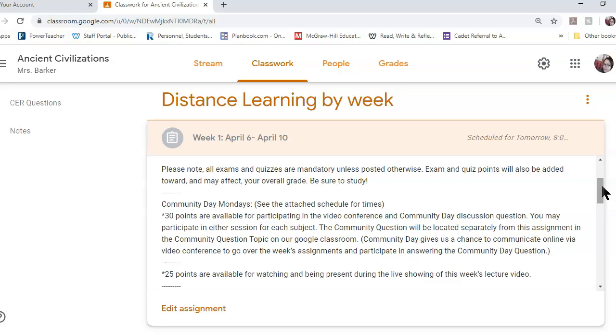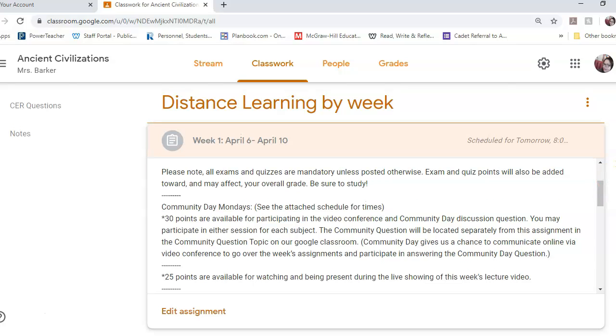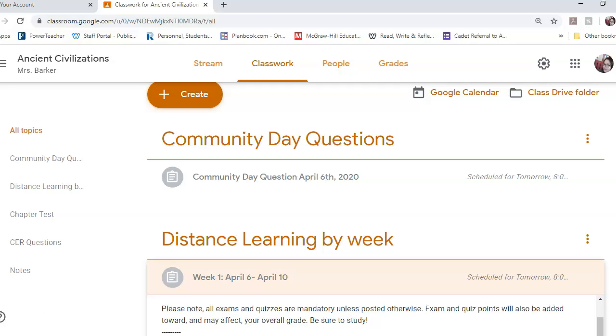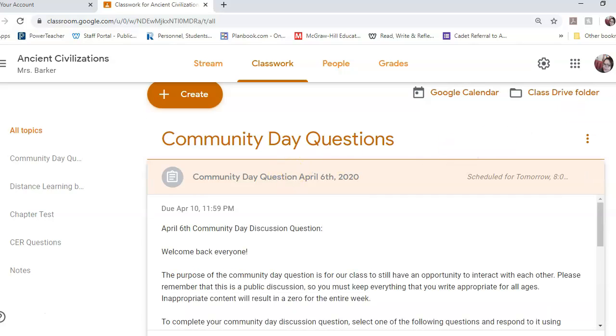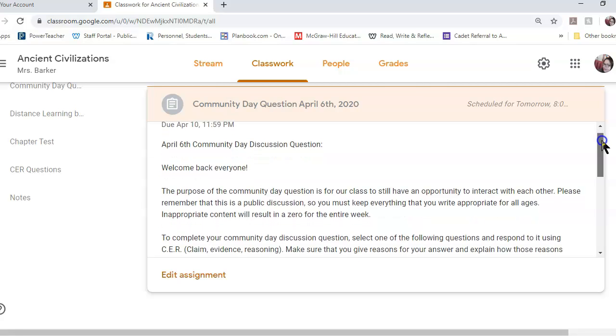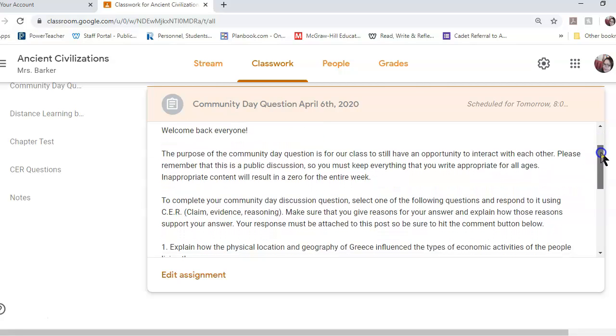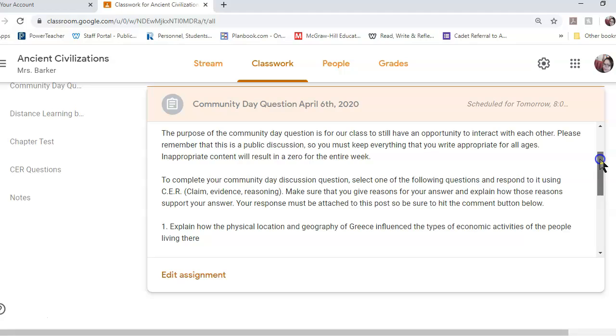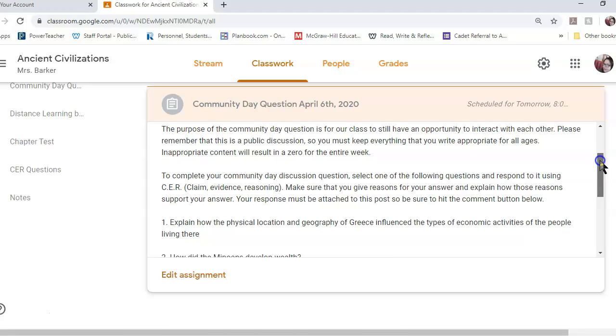So, in order to do that, I'm going to show you exactly what you need to do. The Community Day question is right above Distance Learning by week. Our Community Day question is here. You're going to have a choice of 3 questions, and I'll go ahead and read this to you. The purpose of the Community Day question is for our class to still have an opportunity to interact with each other.